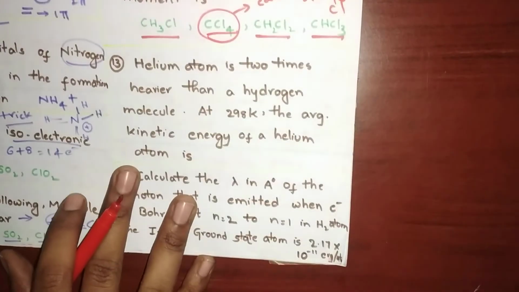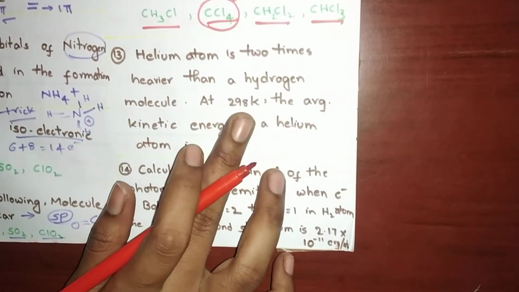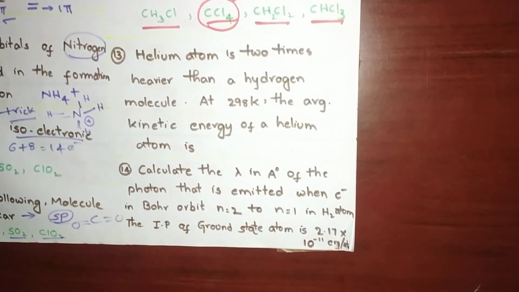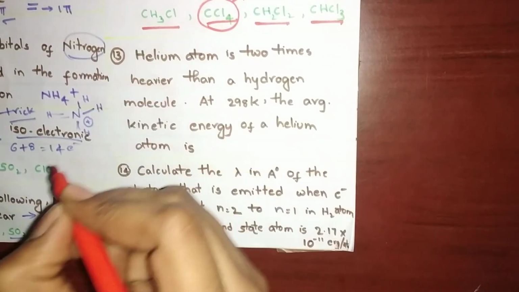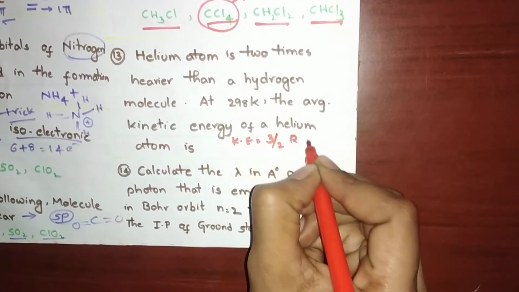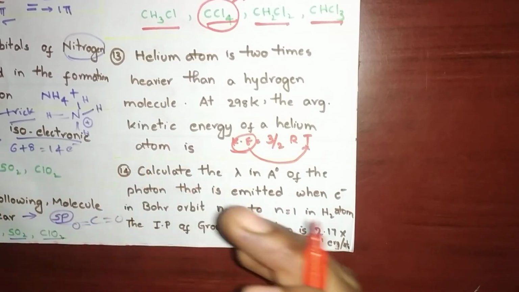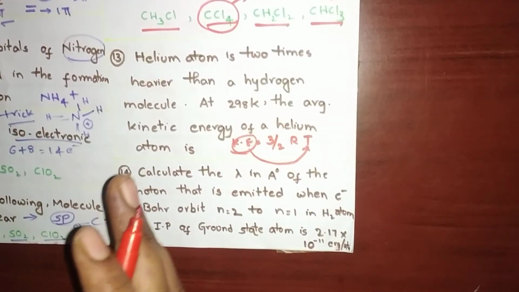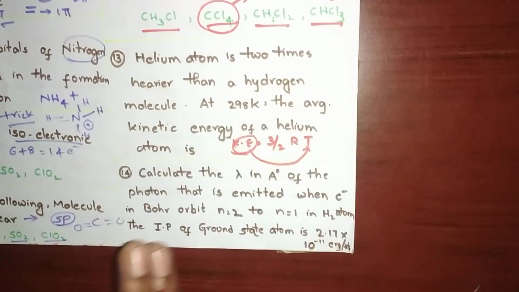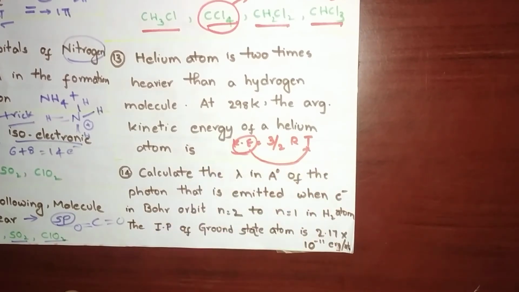Next, helium atom is 2 times heavier than a hydrogen molecule. At 298 Kelvin, the average kinetic energy of helium atom. See, kinetic energy is 3/2 RT. So kinetic energy depends upon temperature but not on the nature of gas. They told you that helium is 2 times heavier than hydrogen. Then what is the kinetic energy of helium at that temperature?